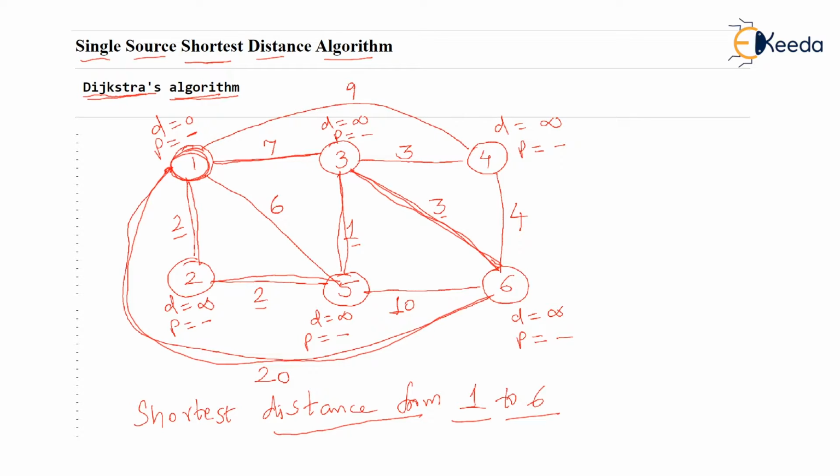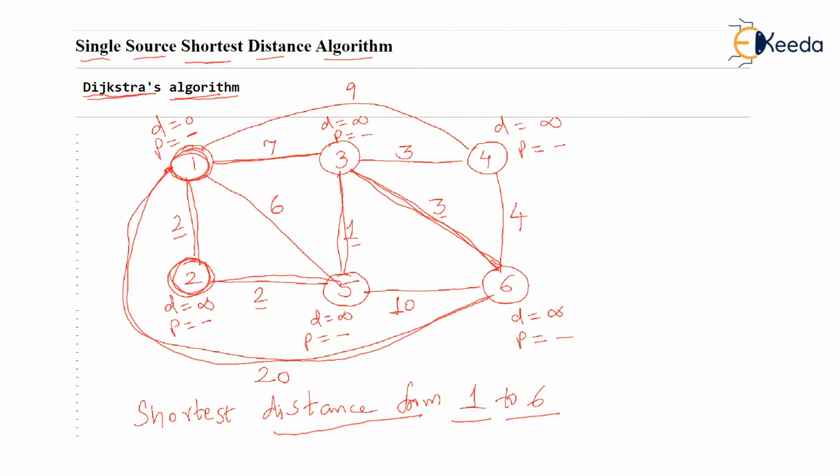Now you see these two variables, distance and path, are initialized for all other vertices. As an example, you see the vertex number 2 which I am redrawing. Vertex 2 has d as infinity, that is distance of second vertex is infinity, and path is null. Path is not defined, path is dash.